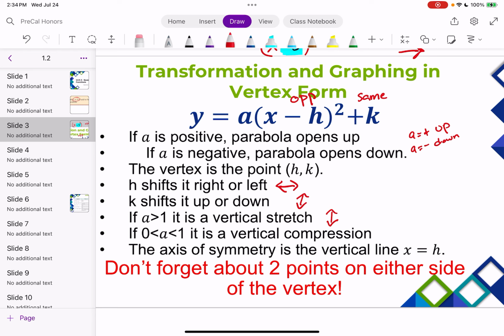That would be a vertical compression. And that's going to happen for all numbers from 0 up to 1. So, from 0 to 1 would be a vertical compression.